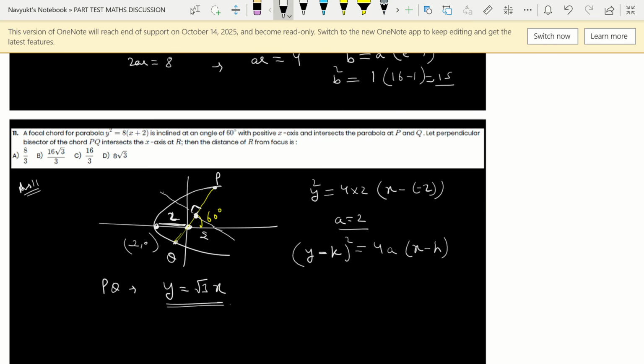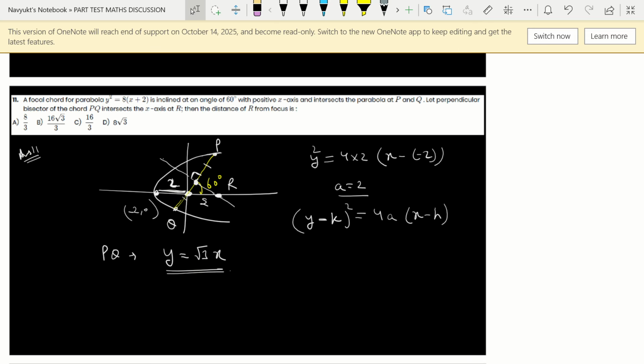It cuts PQ into equal halves, and it is cutting the x-axis at the R point. We need to find the distance of R from the focus. The focus is the origin only, right? So we just need to find the coordinates of R. That is enough. So we will find the equation of the perpendicular bisector of this chord, which is PQ.